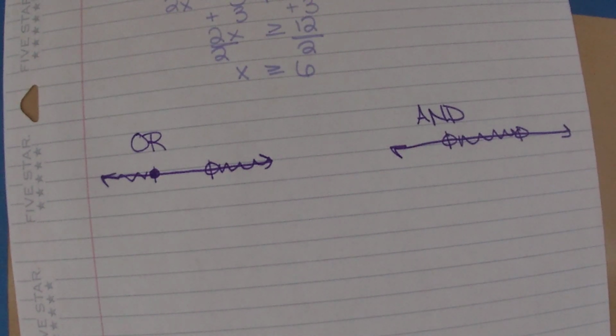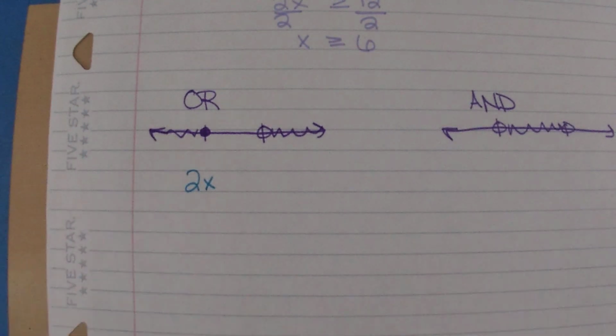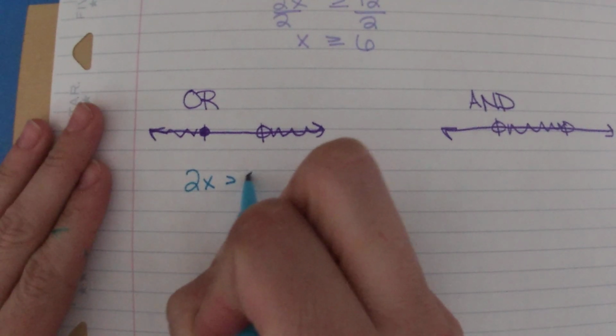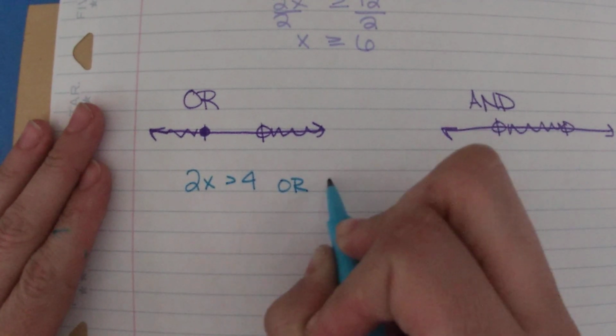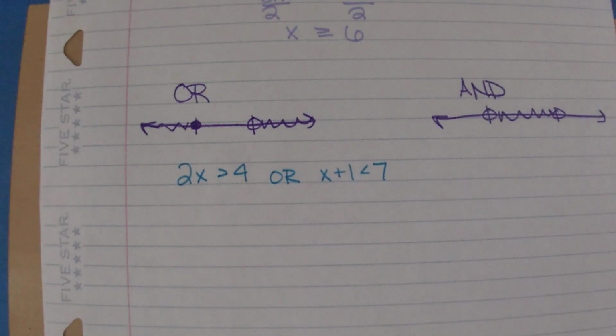Now, when we solve a compound inequality, if it's written as two separate things, so if we had something like 2x is greater than 4, or x plus 1 is less than 7, let's just say.